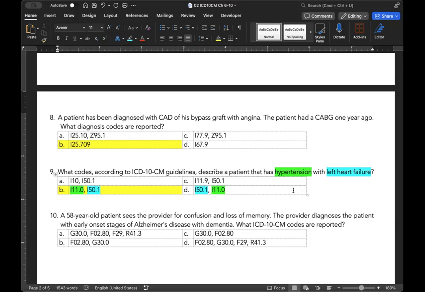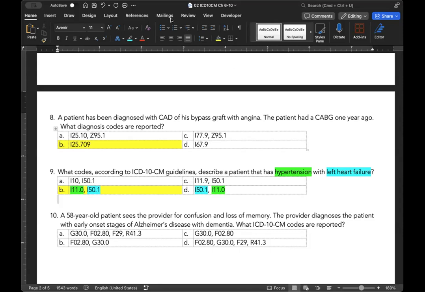So if I see hypertension, I can tell it's going to be hypertensive heart disease as well, if there's heart failure present? Yes. If there's hypertension and heart failure or any type of heart disease present, you can assume that causal relationship, and that's because our guidelines tell us so.